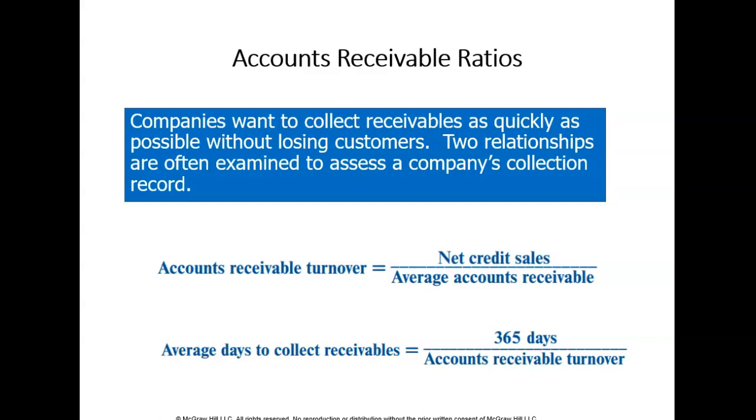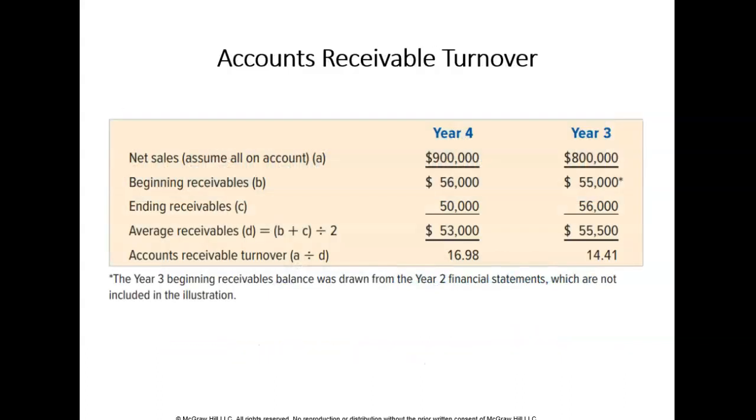So let's take this information and put it into some actual ratios. Here we're showing net sales. Let's look at year 4. We're showing net sales for year 4. This is our beginning receivable, and this is our ending receivable. To get your average receivables, you take your beginning receivables plus ending, add those together, and divide that by 2.